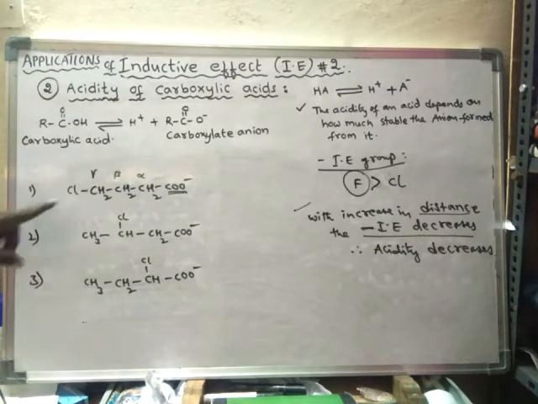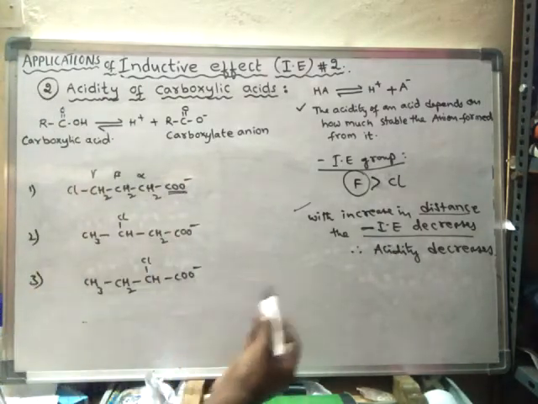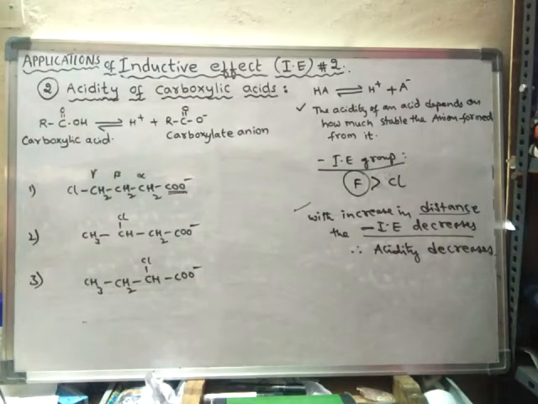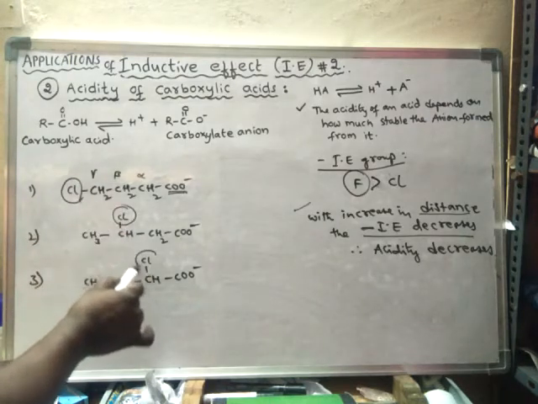Now we have to compare the stability of these three anions. Which anion is more stable? Remember that for anions, a minus IE group increases the stability of the anion.